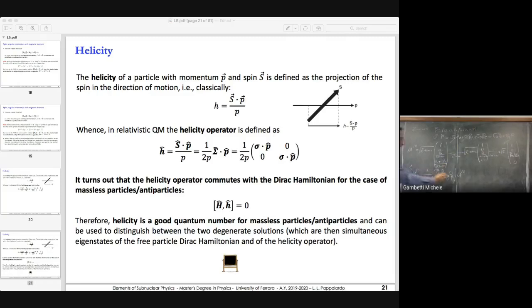Now, the scalar product reduces to only this piece here. So this is essentially 1 over 2p, and then we have sigma 3 p, 0, 0, sigma 3 p, or if you like, Pz, the same because it's all in the Z direction. And then this applies again to U1.